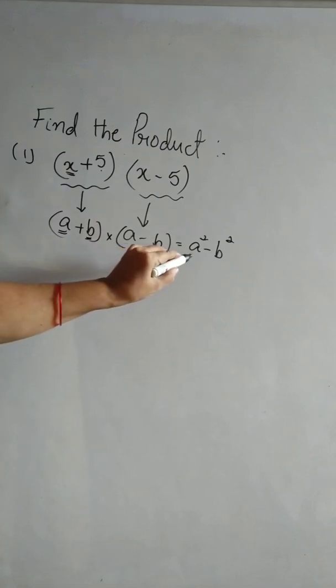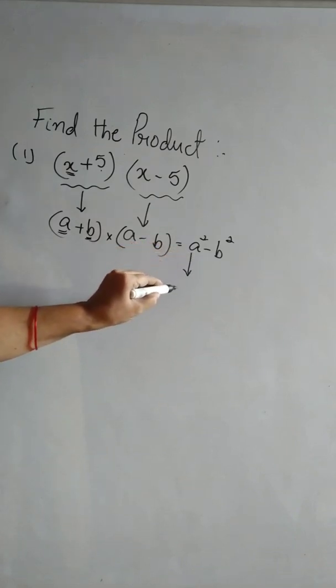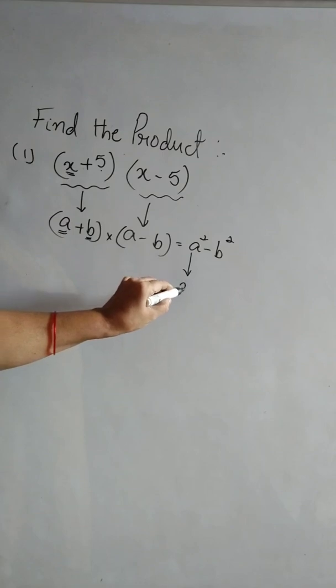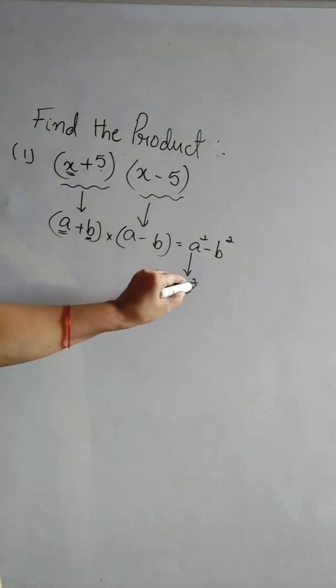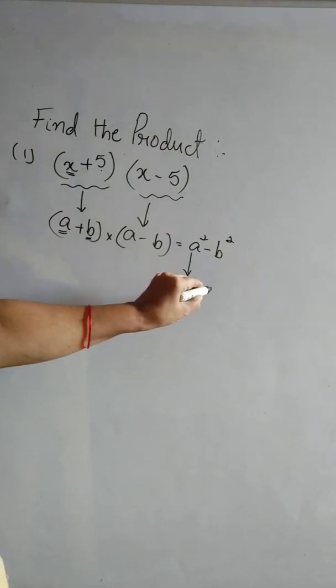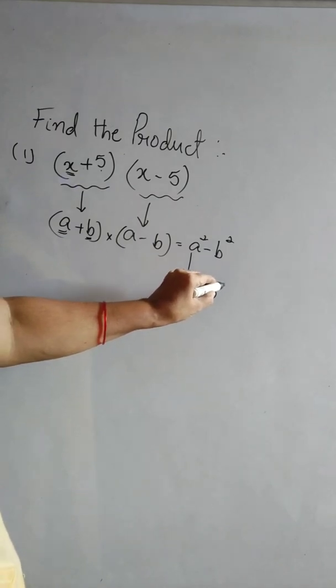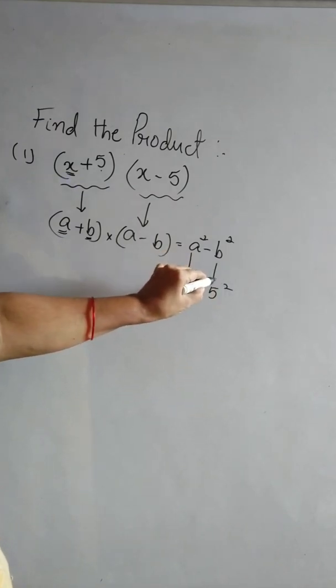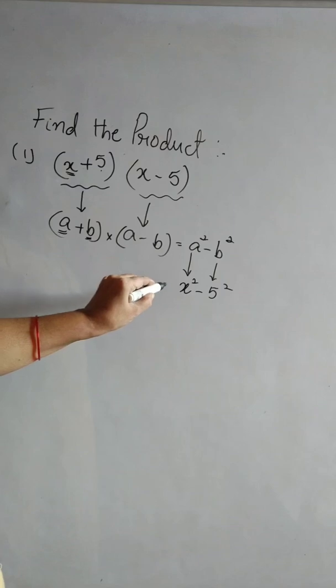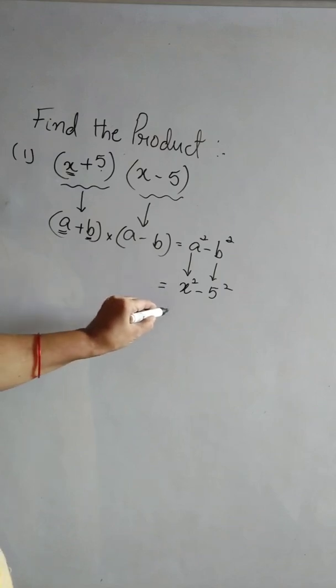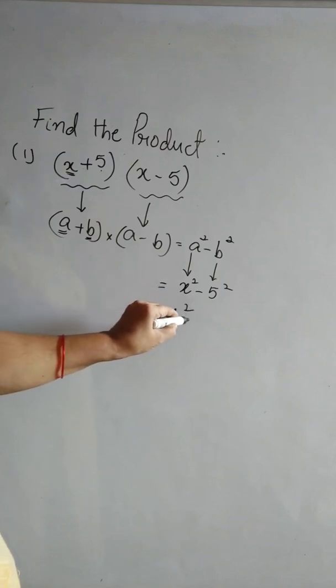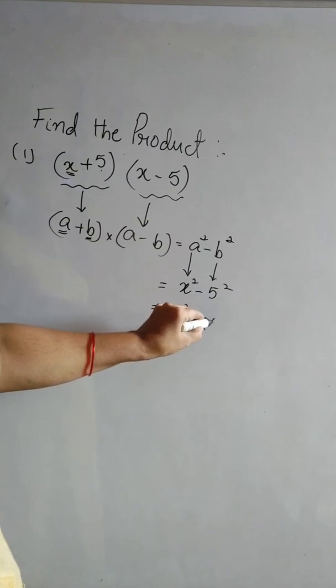So a means x, b means 5. So we write here x square minus 5 square, which we can write as x square minus 25.